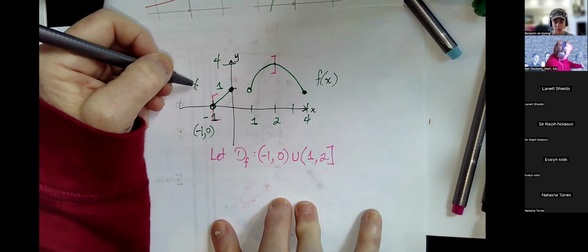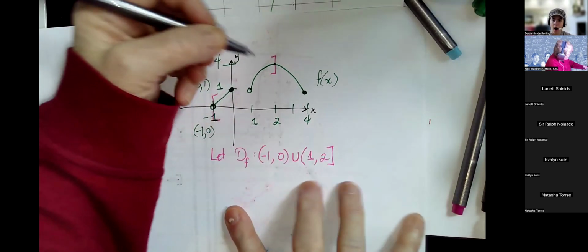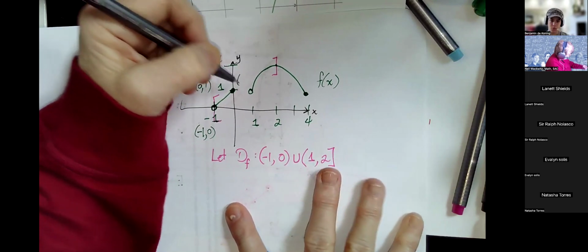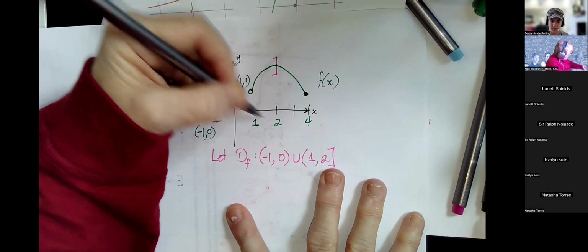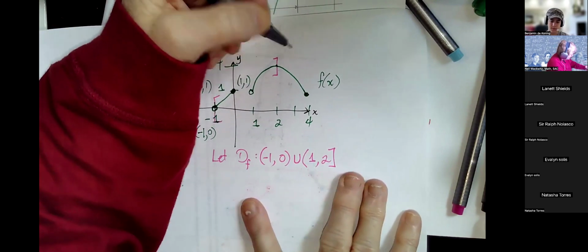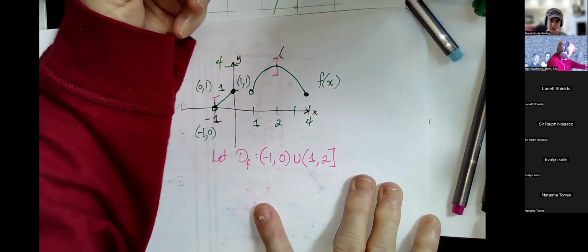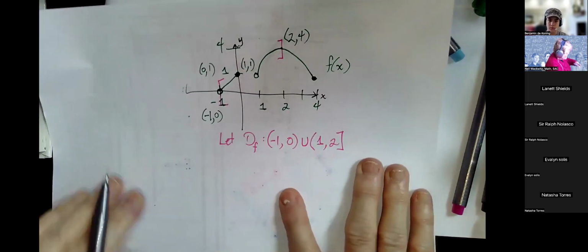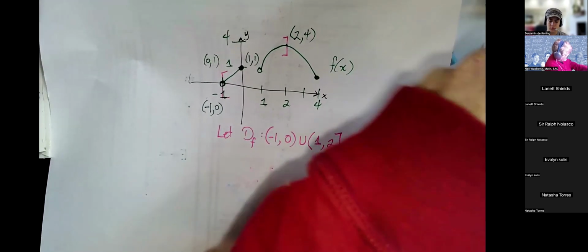So this point on the y-axis is just 0, 1, and the point that we're not going to include, but that will help us, is 1, 1, and the top, 2, 4. Beautiful.